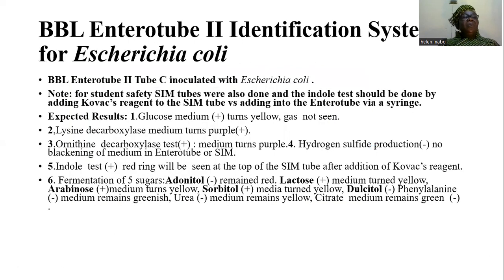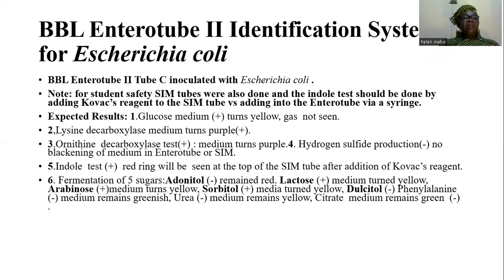Here is an example for Escherichia coli. In the expected results, the first tube, the glucose medium, turns yellow. Gas is not usually seen. This is because glucose has been fermented. Then the lysine decarboxylase medium turns purple, which is positive.